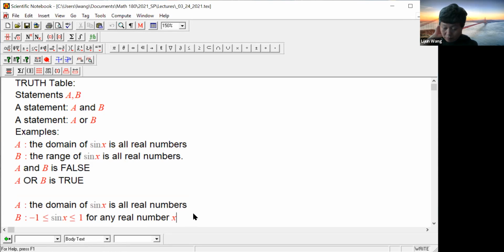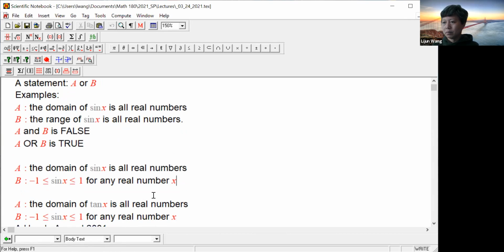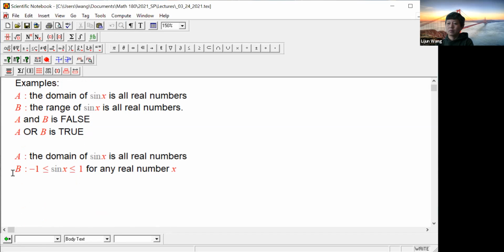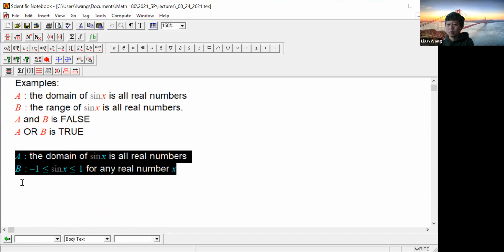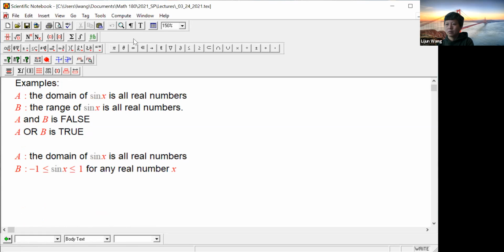Now, look at the second one. The second scenario, okay? It's still about A. A and B. Is it true or false?